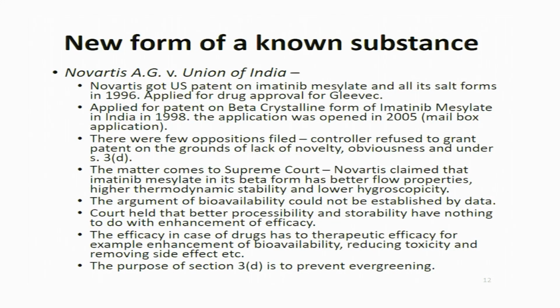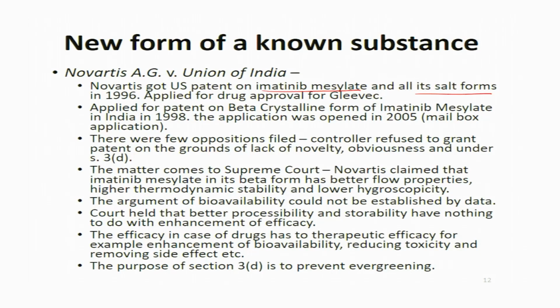Novartis got a US patent on imatinib mesylate, a compound, and all its salt forms in the year 1996. This is called the Zimmermann patent. It is so called after the name of the inventor. And Novartis applied for drug approval.